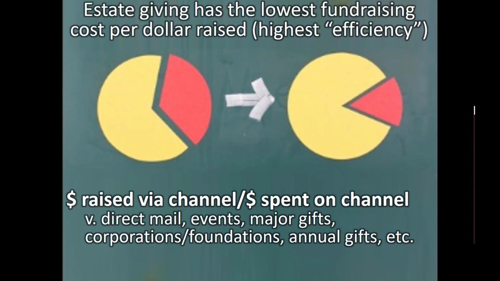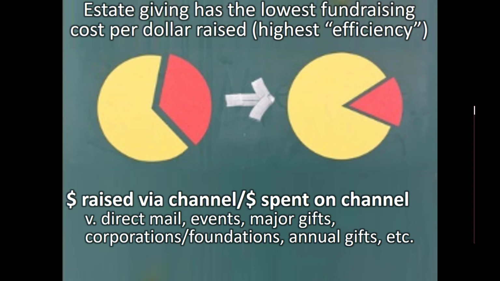If we simply look within any organization that has been around for a number of years, and we simply compare the dollars that are raised in a channel to the dollars spent on a fundraising channel. So, for example, we can look at channels like direct mail, like events, major gifts, corporations, foundation relationships, annual gifts.